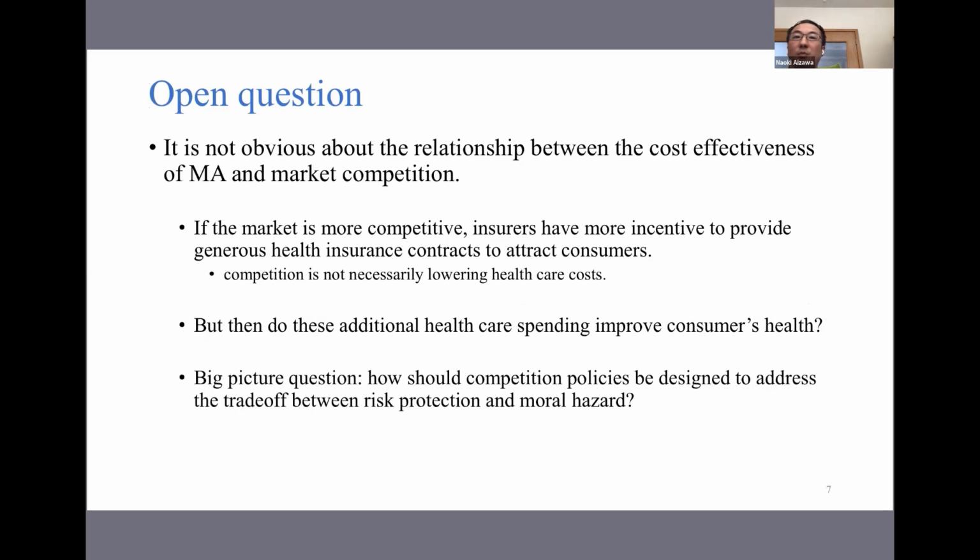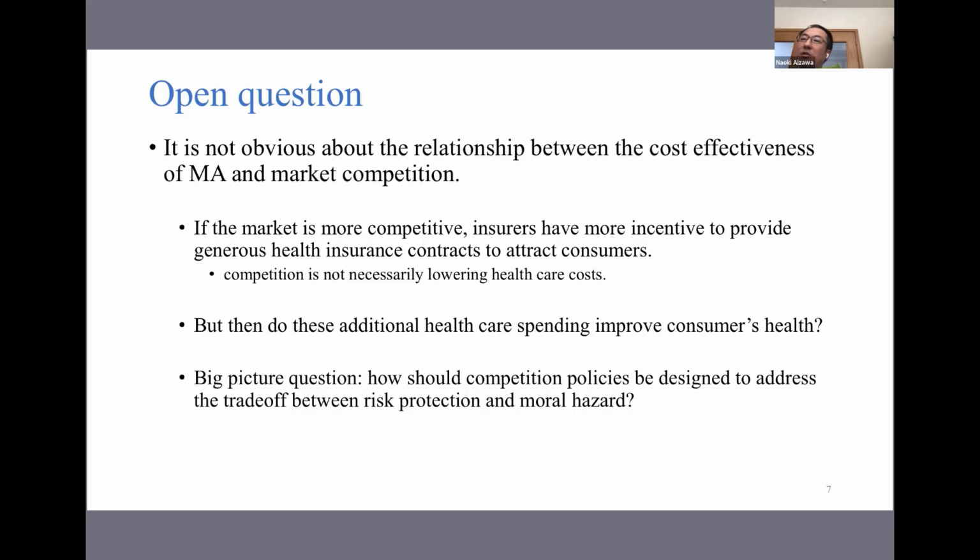The last point I want to make is an open question. This paper is very useful to show that Medicare Advantage seems to be reducing healthcare utilizations. However, we don't know whether this is just because private companies are good or because of some nature of the market. Particularly, we don't know about the relationship between cost effectiveness and market competition. And this is actually a very non-trivial question.